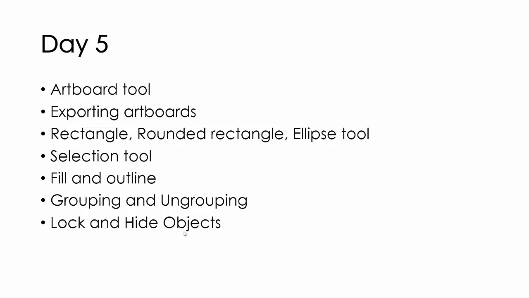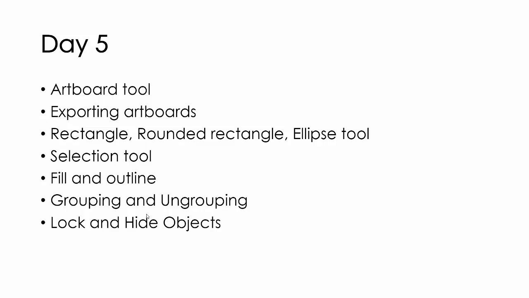Now, if you have worked on Word or PowerPoint or any of these kinds of software before, then you must be familiar with the terms grouping and ungrouping. It works almost the same way here in Illustrator. In Illustrator, you get deeper control over this. So that's the only difference.